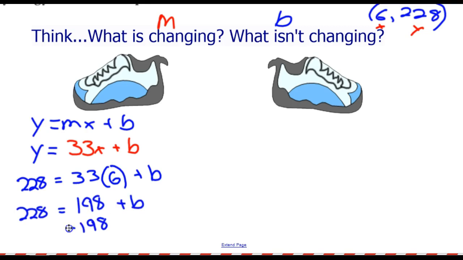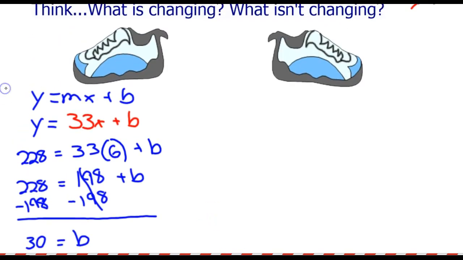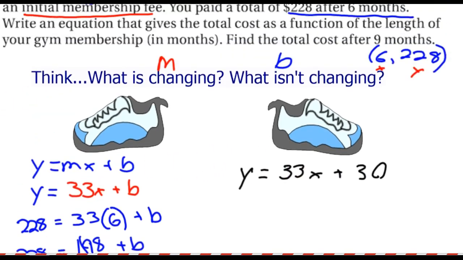Subtract 198 from both sides. And our b equals 30. So our new equation then, we found that our slope was 33. Our new equation is going to be y equals 33x plus 30, because our b is 30.